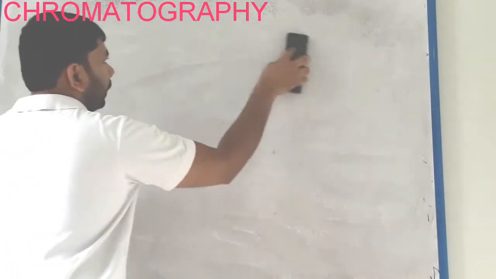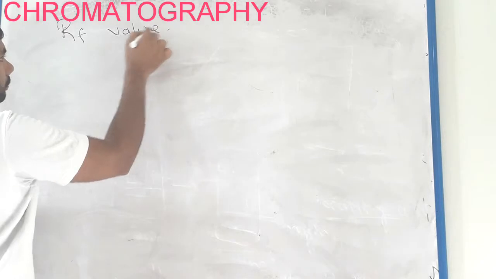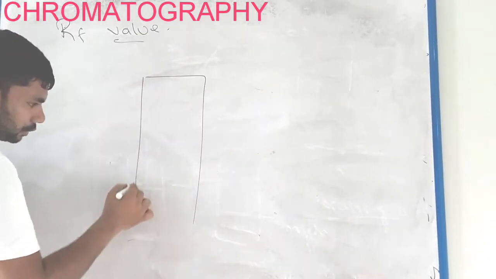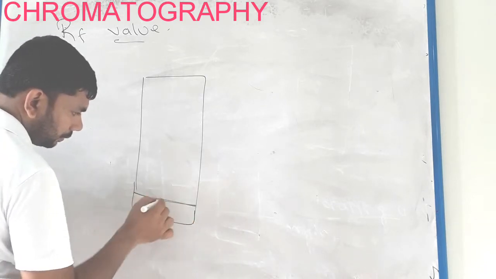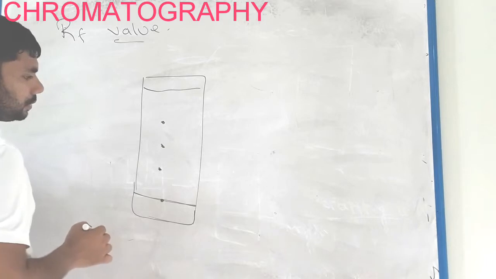Now we have another term in chromatography, Rf value. Rf value means retardation factor. Look here. This is our chromatogram. These are the different spots formed.